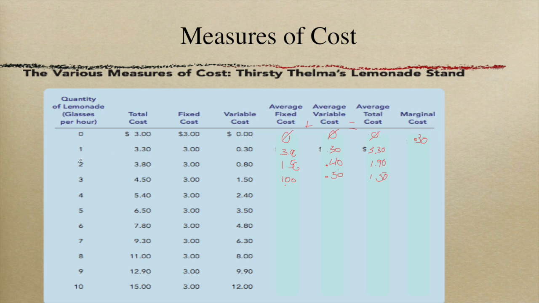Here, as I go from 1 to 2, my output increases by 1. My total cost increases by 50 cents. My marginal cost is 50 cents. Here, as I go from 2 to 3, my output again changes by 1. My total cost increases by 70 cents. You guys can fill in the rest of this chart on your own.